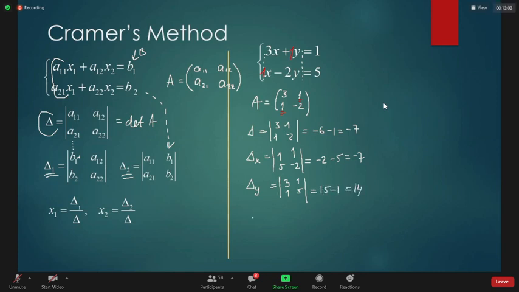And so we see that x is the determinant for x divided by delta, minus 7 divided by minus 7, it's 1. And y is the determinant for y divided by the system determinant, 14 divided by minus 7, that's minus 2. So the solution, the answer, would be 1, minus 2. X is always first and y is always second.